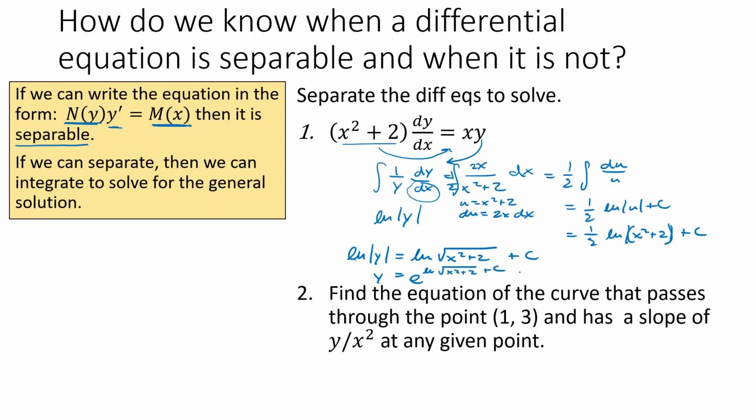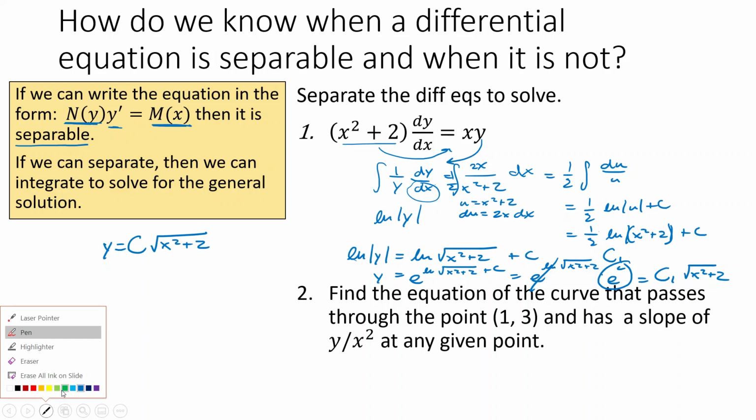And now we separate it, e to the ln part times e to the c, and this is just another constant, we'll say c1, and here the e and the ln cancel out. So what we get is c1 times the square root of x squared plus 2. So we get our answer for that guy is y equals some constant times the square root of x squared plus 2.